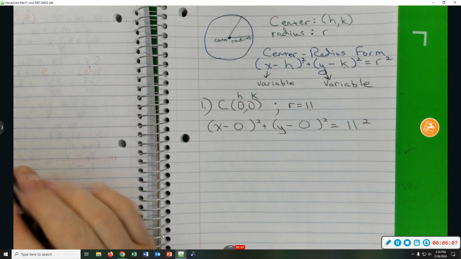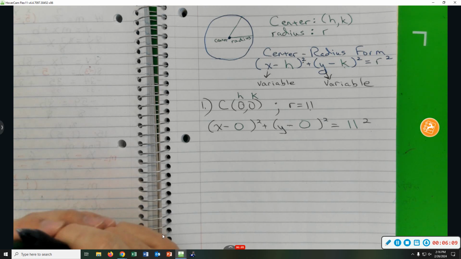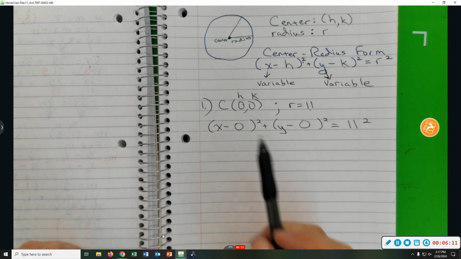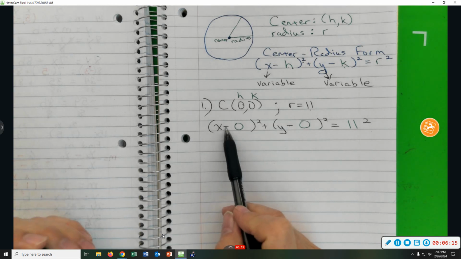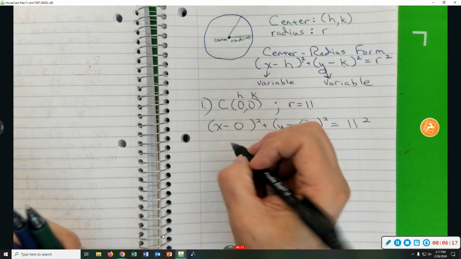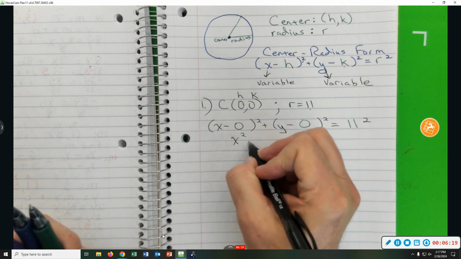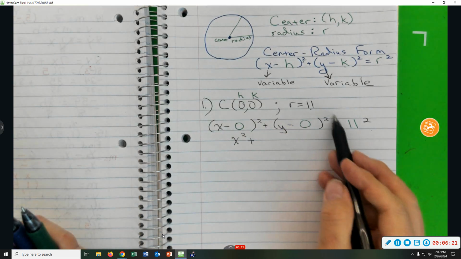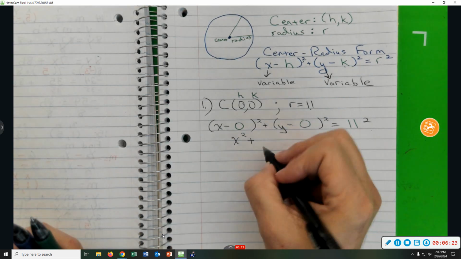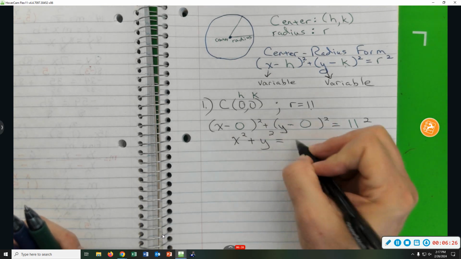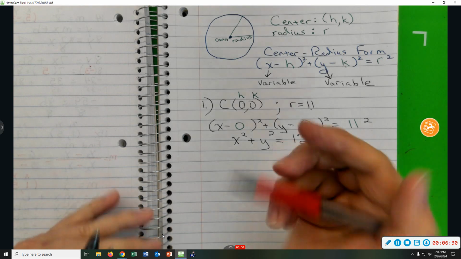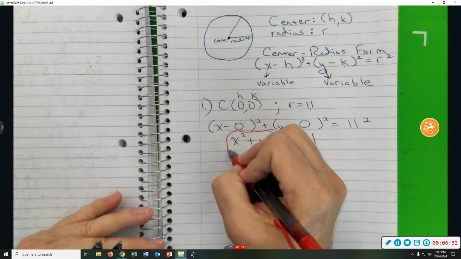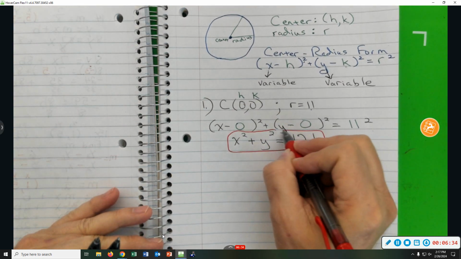Most of the time with center radius form, you don't want to do much to simplify, but this one can be reduced quite easily. x minus 0 is just x. So x squared plus, how can I clean this up? y squared, and 11 times 11 is 121. So here's my center radius form.